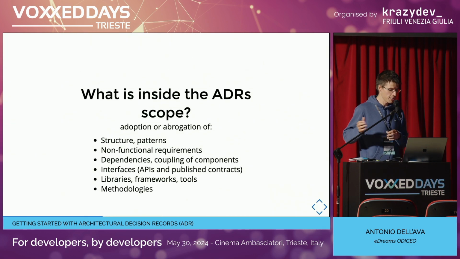So what's inside the scope? This is a simple list. Structural patterns and stuff like that are a good example. Non-functional requirements, for example, the page load should be under 500 milliseconds, okay?